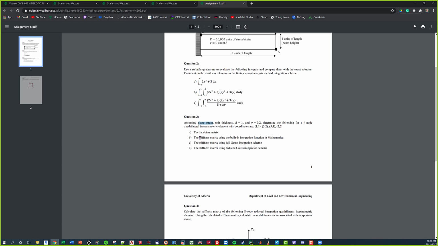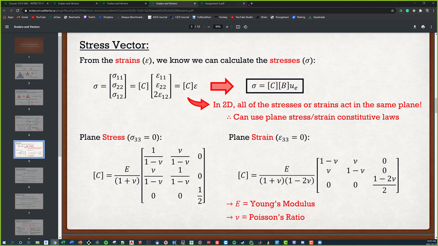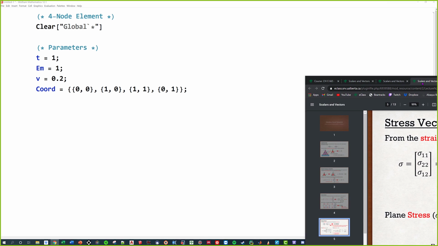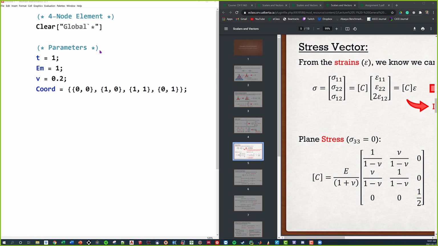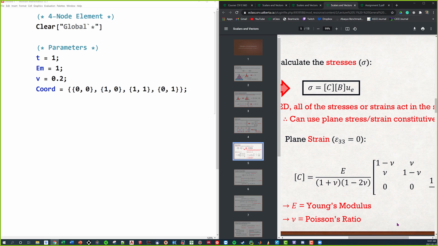So right here, plane strain. I'm just going to push this matrix C to the side so that I can do it at the same time. And we're going to define what C is. We said C for plane strain is going to be equal to this. So I'm going to create a section. I'm going to call it constitutive law. And I'm going to go plane strain.